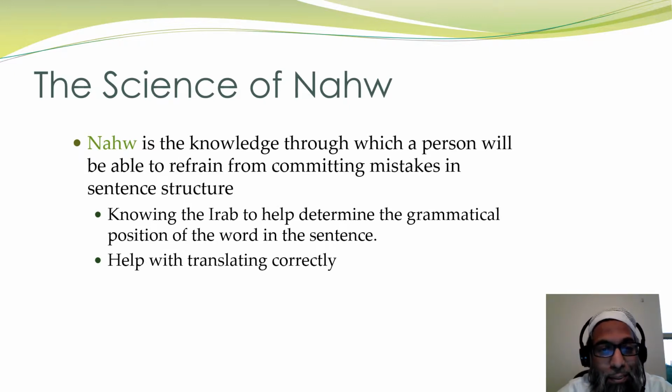Wow. So, just see how the difference in mispronouncing one word, the i'rab of one word. You change the rasulu into rasuli. Just change the dhamma on the lam to a kasra, and it completely changes the whole meaning.